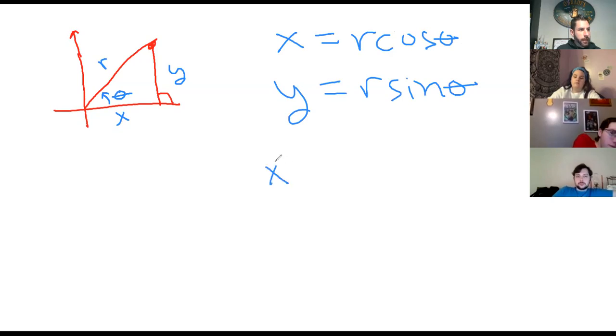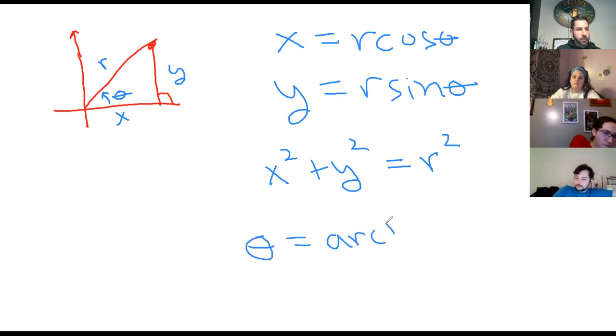Don't forget that X squared plus Y squared equals R squared. That's the Pythagorean theorem. And if you want, you can solve also for theta. It takes a little trig, but if you solve for theta, you get that theta is the inverse tangent of Y divided by X.